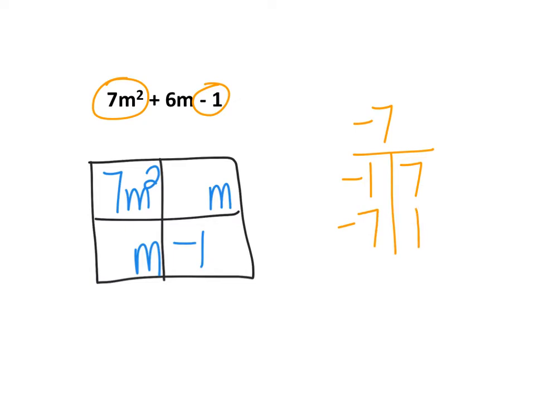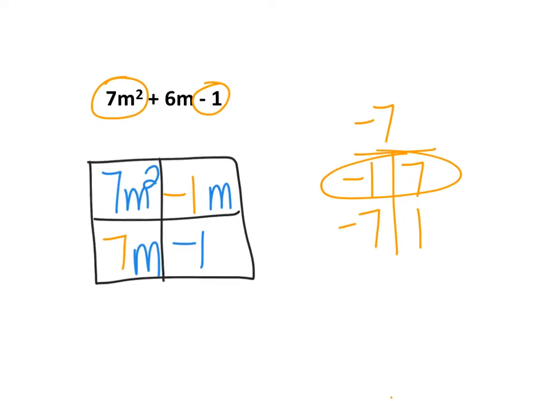Only one of these, when I add them together, gives me a positive 6, and it's negative 1 and 7. Does it matter which one we put in there, or which order we put them in? No, it doesn't.